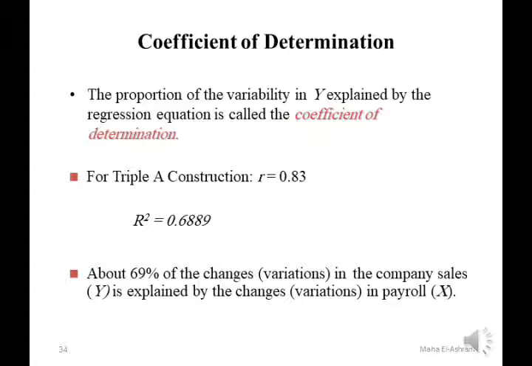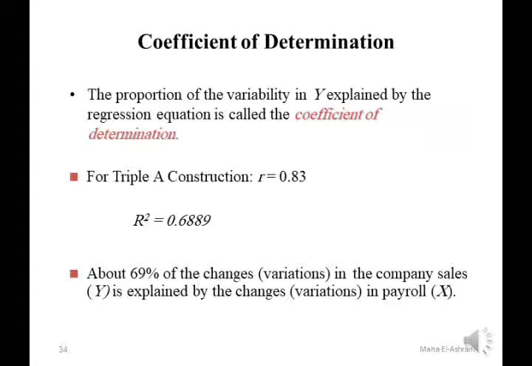The coefficient of determination shows us the percent of changes or variations in Y, the dependent variable, that are explained by the variations in the values of the independent variable, which is x.